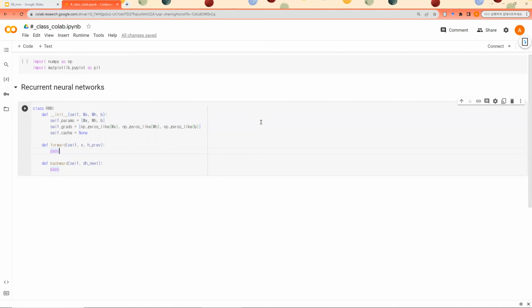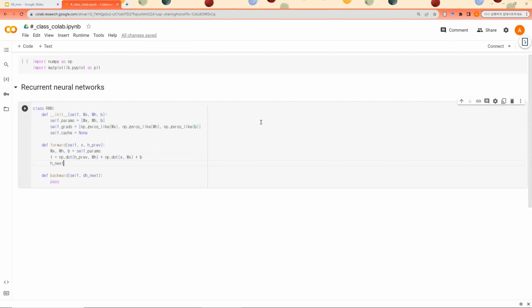And how do we calculate the forward? We first retrieve our parameters, and we calculate the new hidden state. This is the computation we saw in the slides.